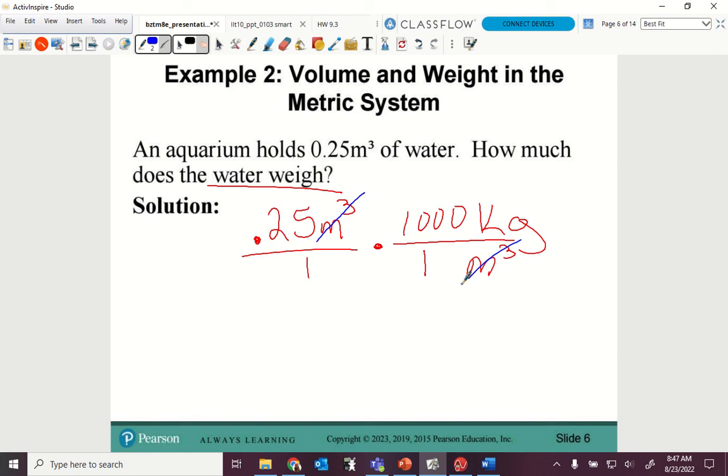You got 250? Yeah. Yes. What are my units? There we go.